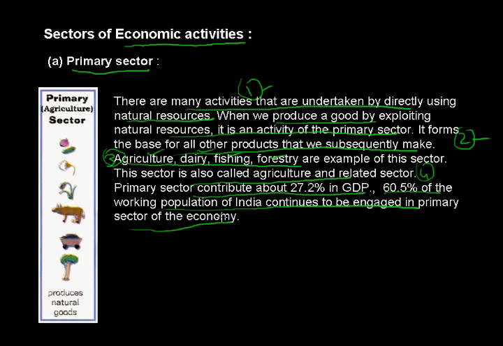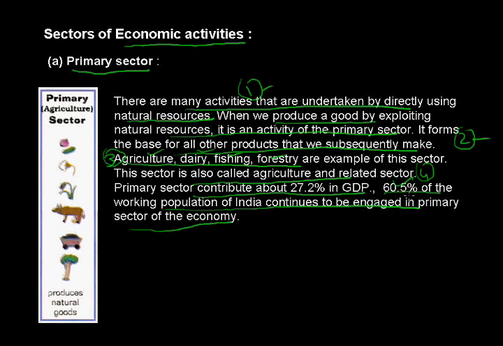And the conclusion over there was that a country in which the maximum number of population is based on the primary sector is always an underdeveloped or developing economy, and a country in which most of the population is based on the tertiary sector is a developed economy. Because in our country near about 60.5% of the working population of India is based on the primary sector, that is a reason why our country is a developing economy.